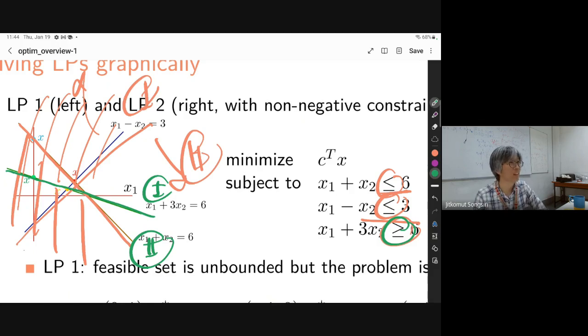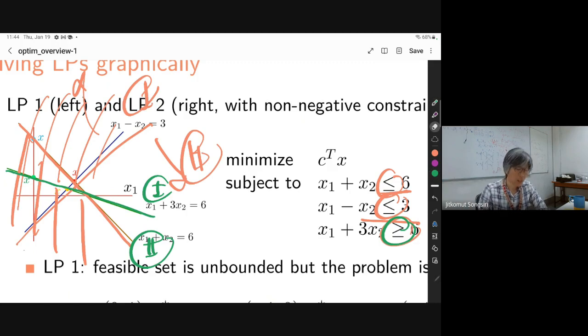How do we decide which region? You just notice the origin, right? When you plug the origin back in, does it satisfy the constraint or not, and decide. So it should be region 1.